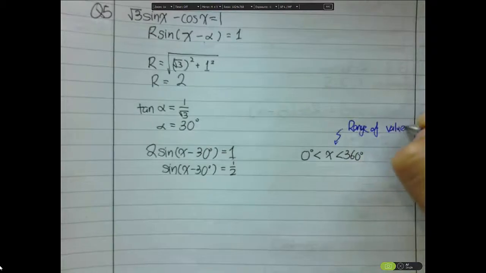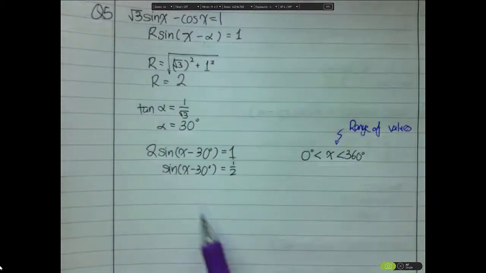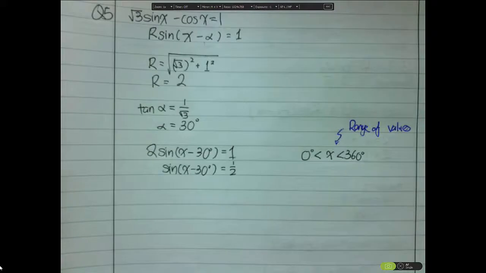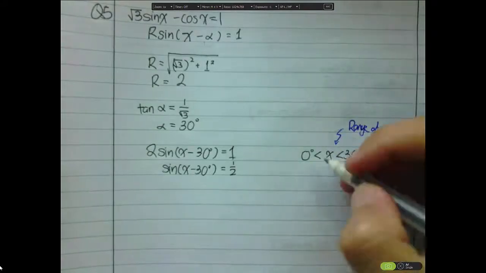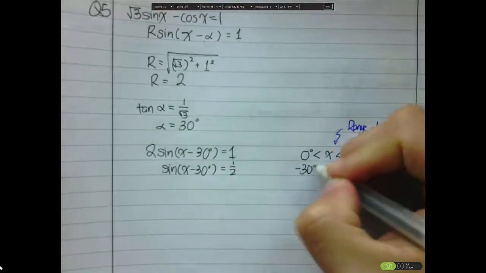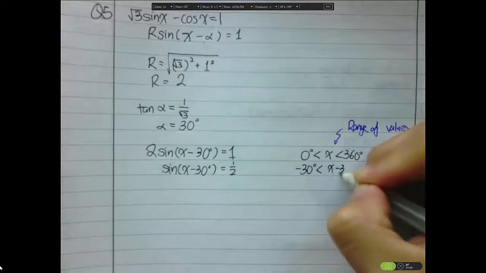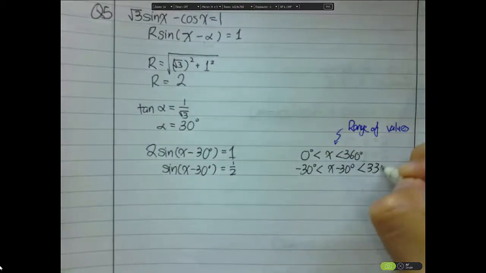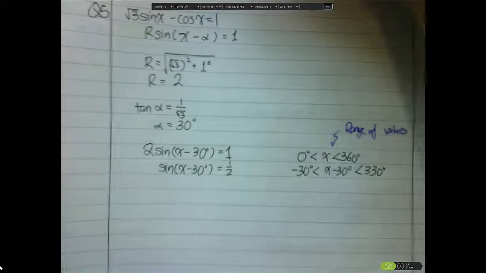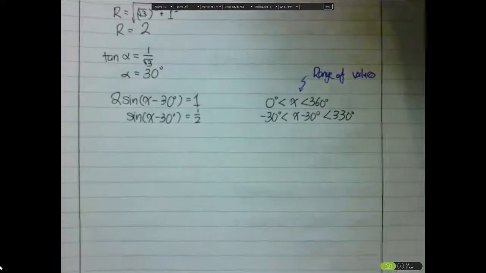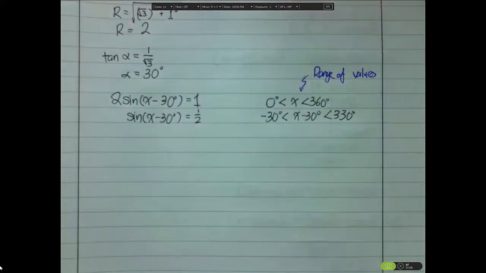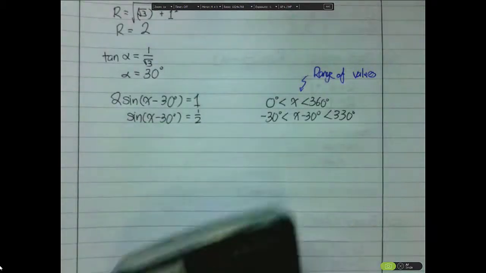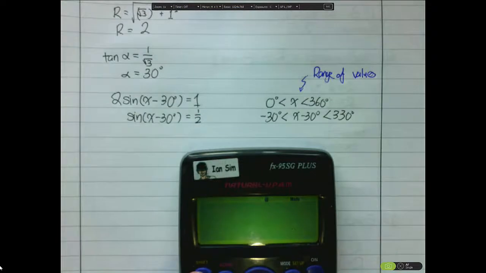Just like last year, we will adjust the range of values. For x minus 30, the range is minus 30 degrees to 330 degrees. Okay, so I have these things there. Then, from here, you inverse sine of half. This is revision. If you can't remember, better go back and look at your old notes.